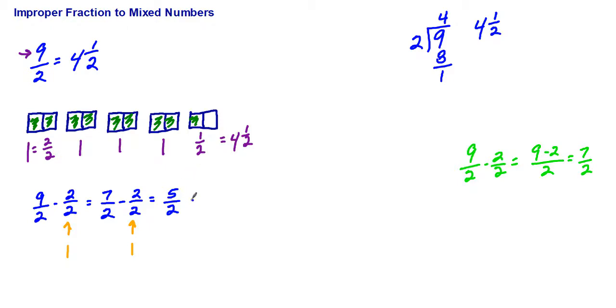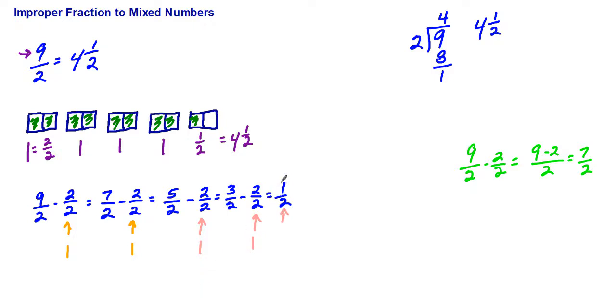Can we do that again? You bet. We still have enough, so we're going to take away another 2 halves. That's going to leave us 3 halves, and there is another 1 whole we took away. And yes, we can do that again. 3 halves, take away 2 halves, leaves us 1 half. There is another 1 taken out.